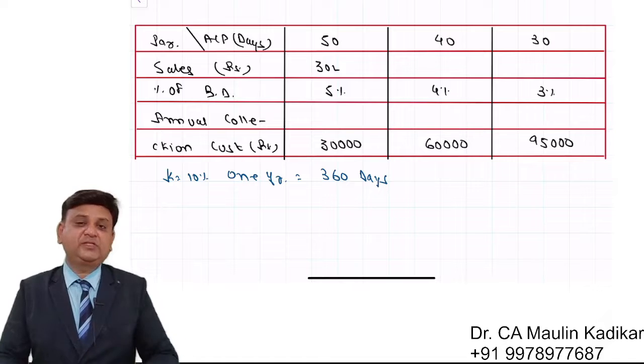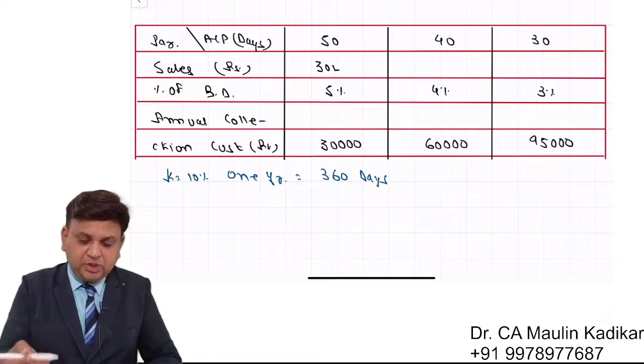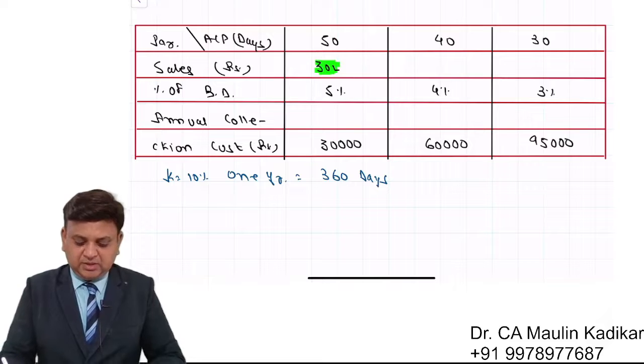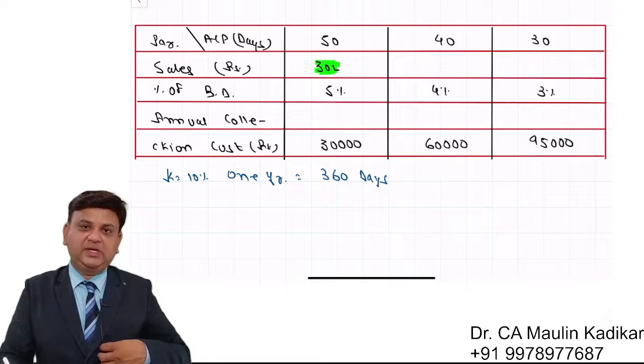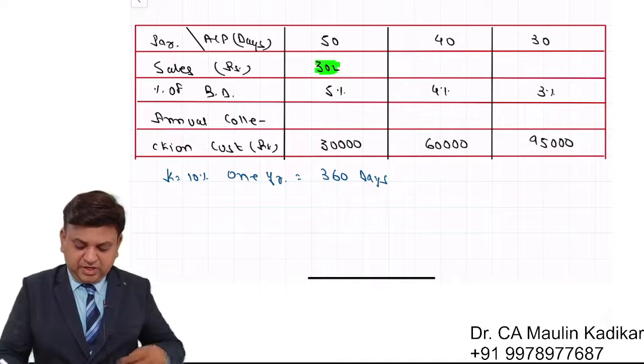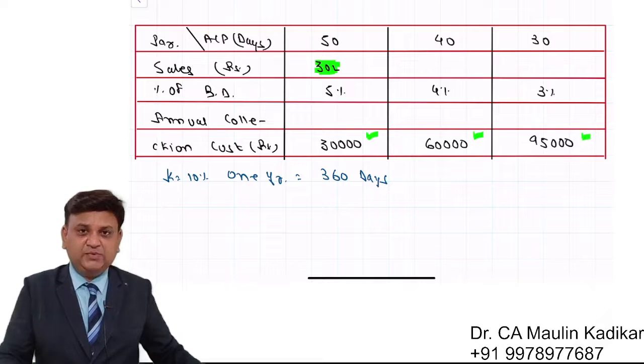Second information which is missing in the question is that, with the new collection policy, the sales value is not given to us. We have to understand it like this. I explained to you about the collection cost. If we increase the collection cost, what will happen?